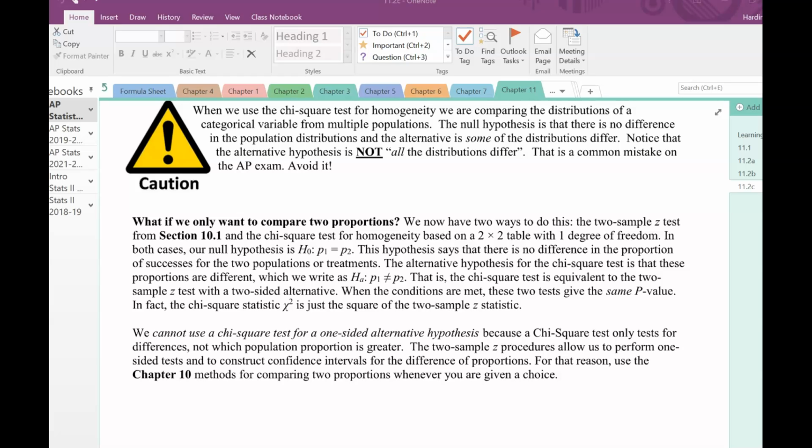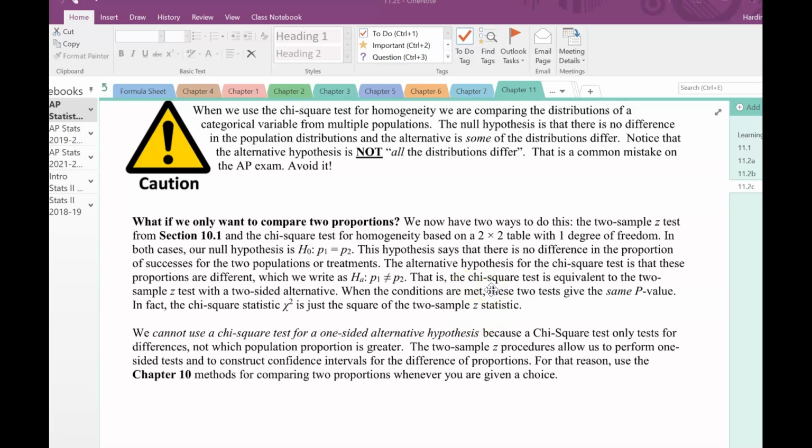So when the conditions are met, these two tests give the same p-value. So whether you run a two-sample z-test or if you do a chi-square test for homogeneity, you will get the same p-value. And one thing to think about is that, in fact, the chi-square statistic is just the square of the two-sample z statistic. And we'll look through this in a second.